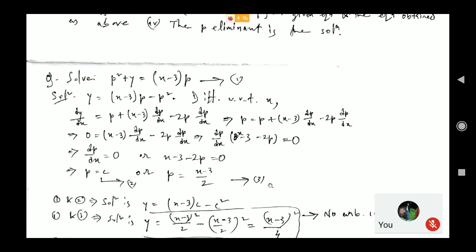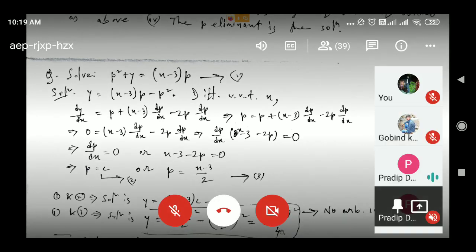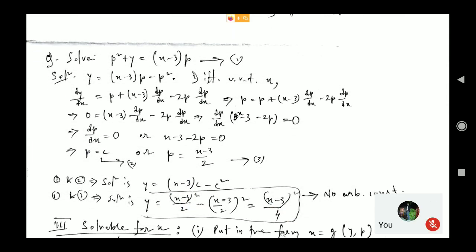Another solution may be obtained by eliminating p from 1 and 3. So if we use 1 and 3, just replace the value of p in the given equation, you will have y = (x − 3)²/4.